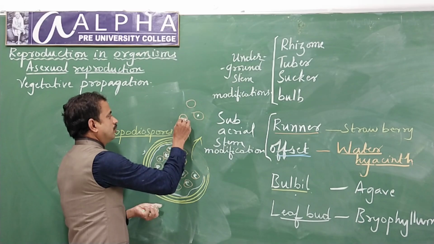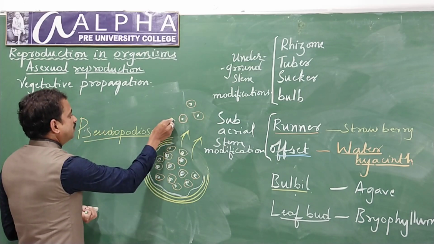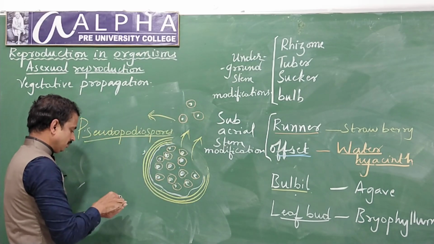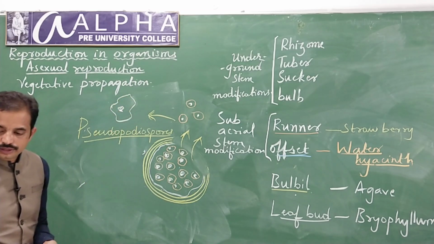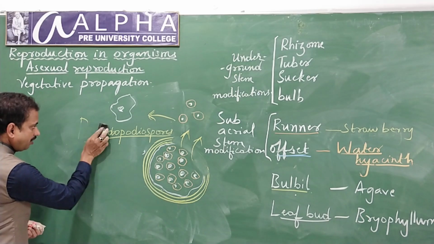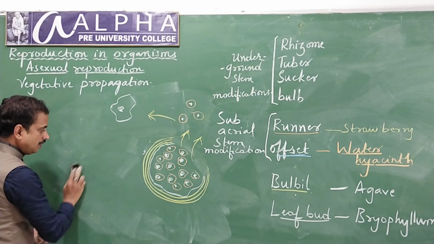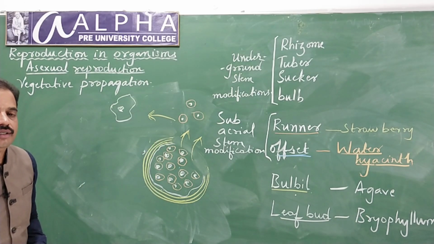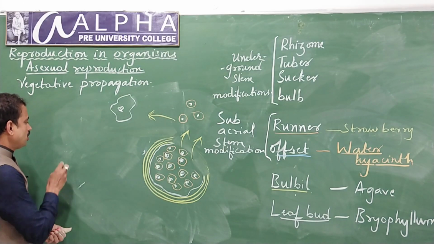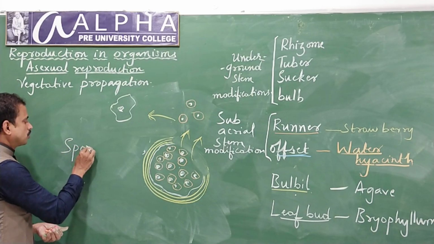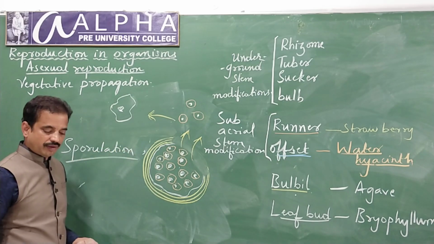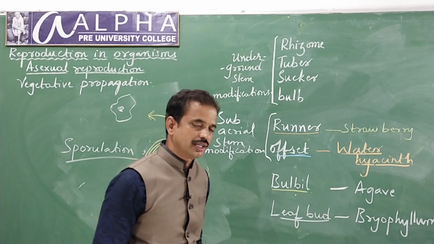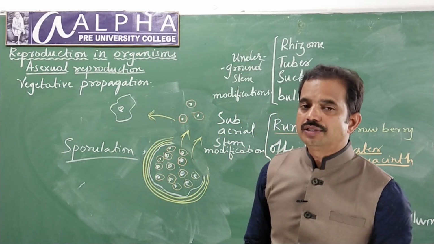And each pseudopodiospore will develop into a new amoeba, right? So the process of asexual reproduction with the help of pseudopodiospores through the process of encystation, students, we call that sporulation. When amoeba reproduces with the help of sporulation during unfavorable condition.